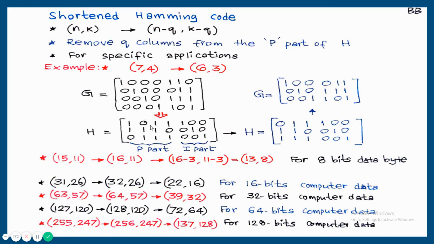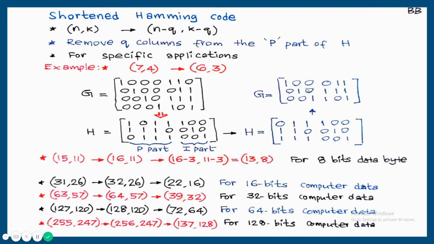From this P part, remove any one column for getting the shortened Hamming code parity check matrix. So here I am removing the first column. The answer is 011, 111, 101. Then the remaining identity matrix. This can be converted to a generator matrix.